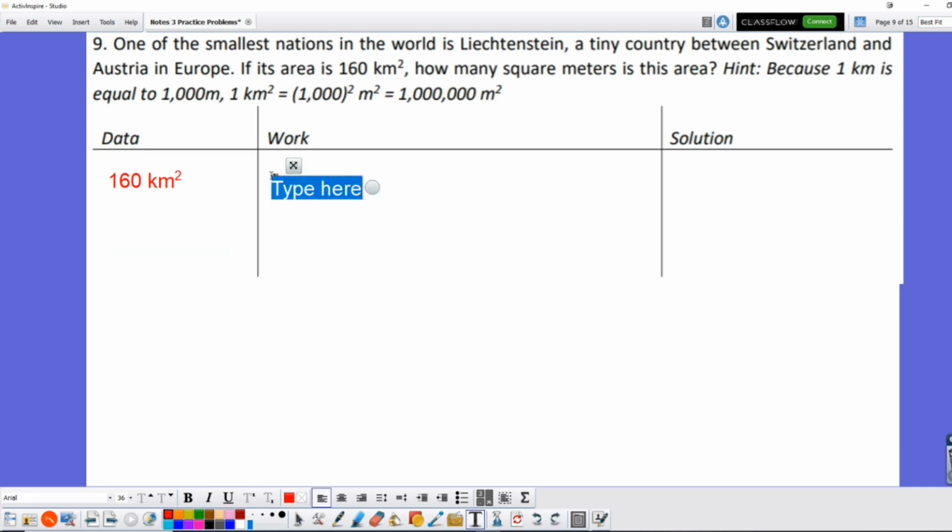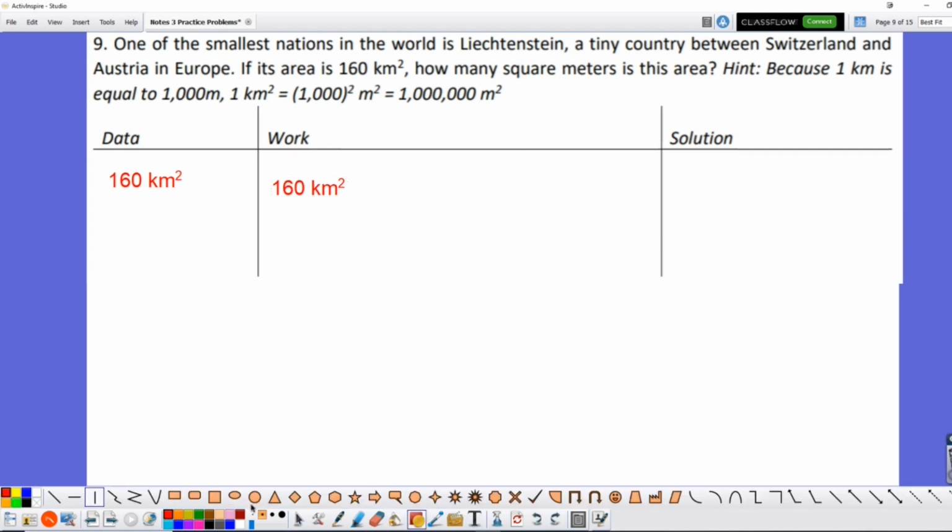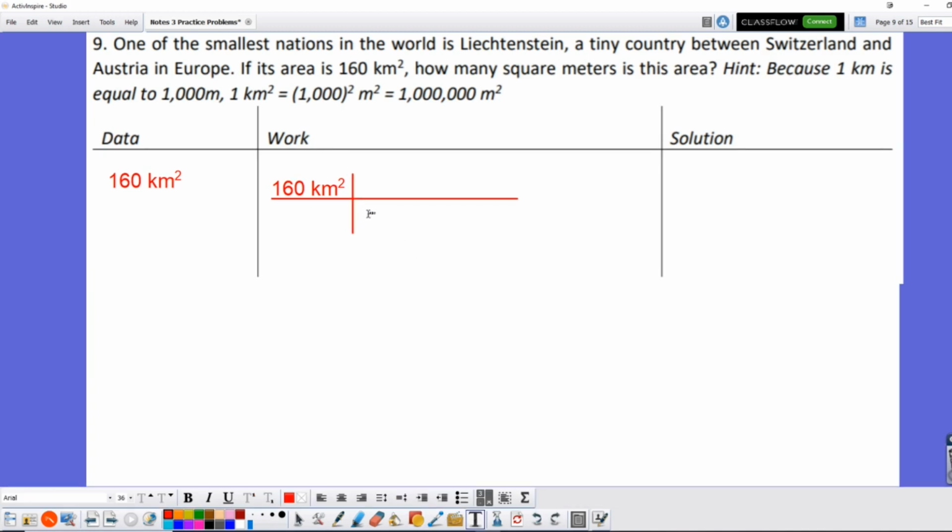So basically what we're doing is a very simple bridge problem where we have 160 kilometers squared, and we want to convert that into meters squared. So let's go ahead and set up our bridge just like this. And what I'm going to do is write out this conversion factor once again. 1 kilometer squared is equal to 1 million.